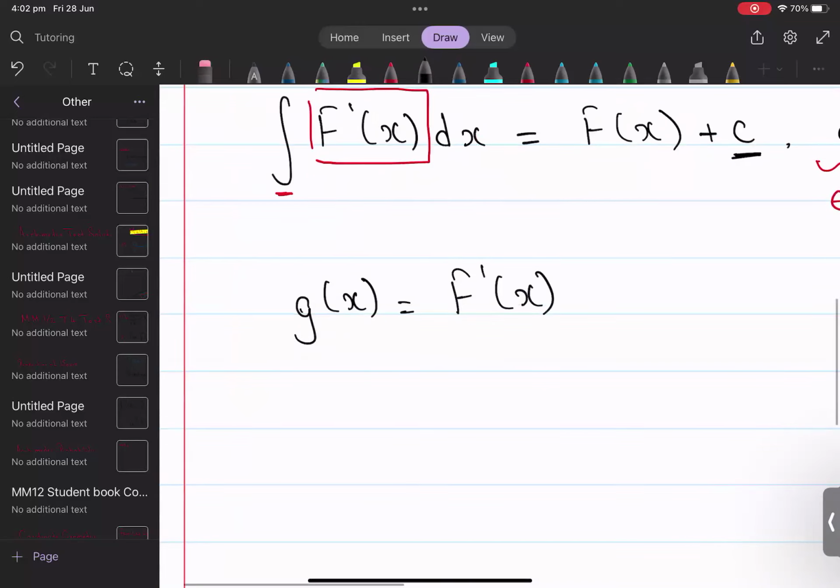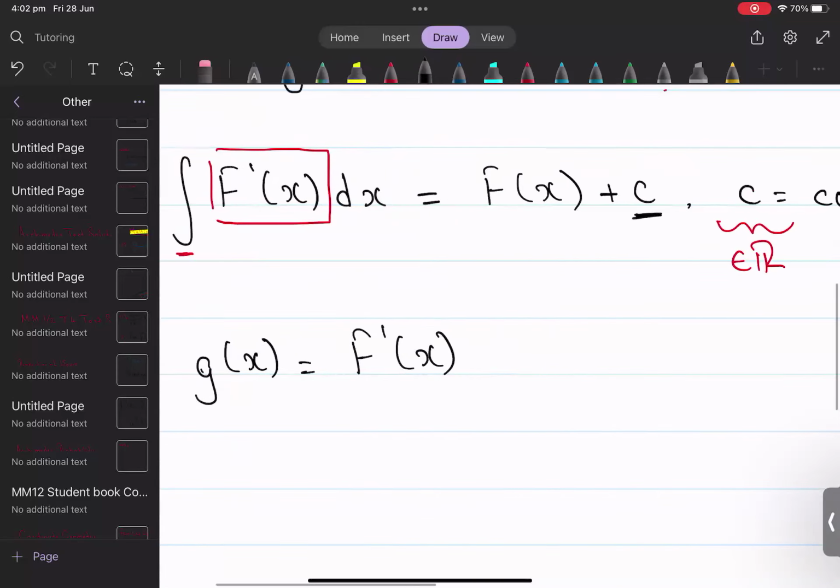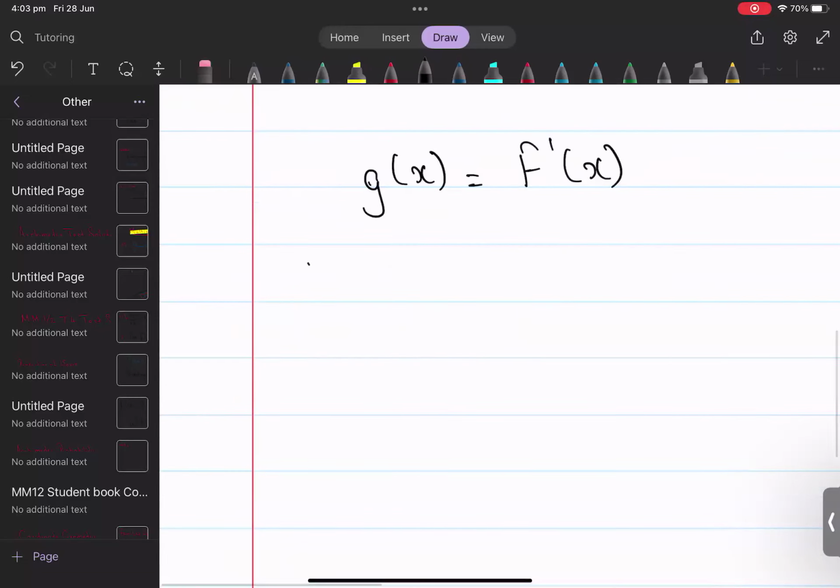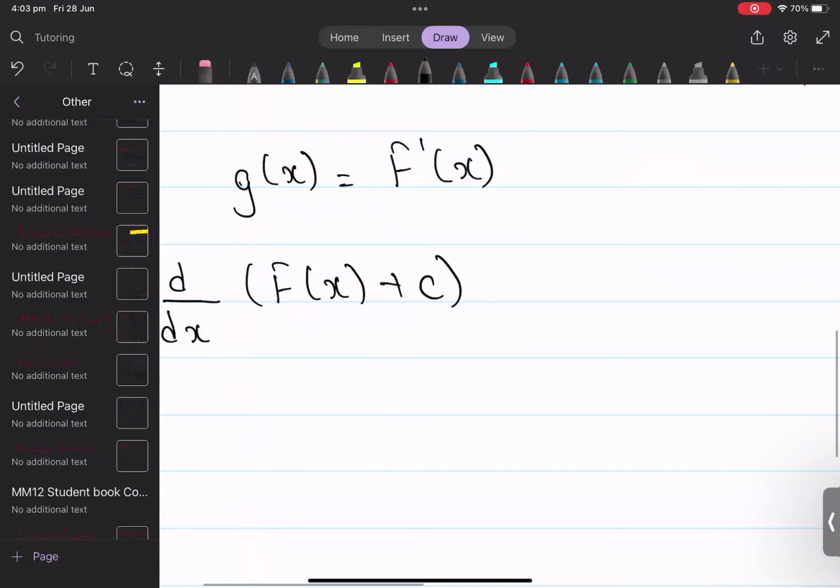Now, the whole idea is if I take the derivative of f of x plus c, I should get back my g of x.